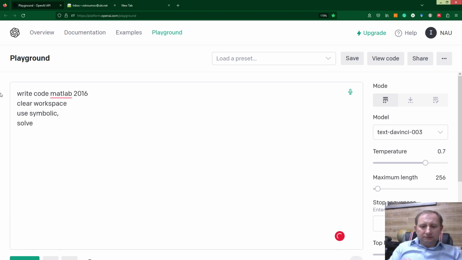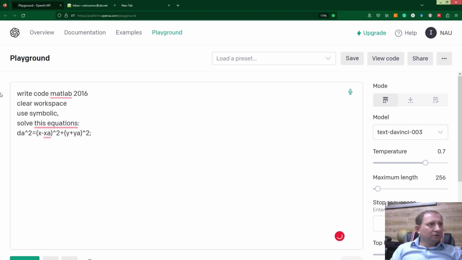Then we need to tell what we need to do. Solve these equations. And then we could specify it. Let it be dA power 2 equal to x minus xa powered by 2 plus y minus ya powered by 2.